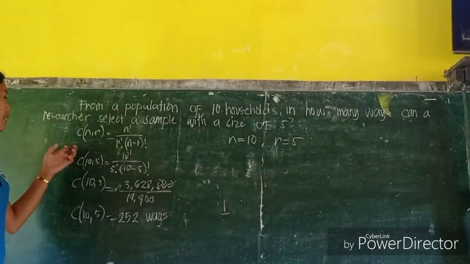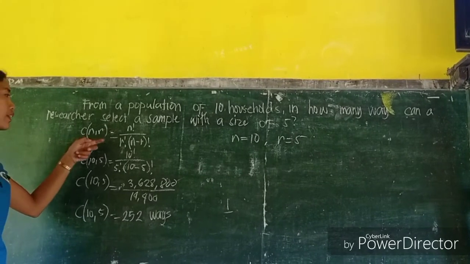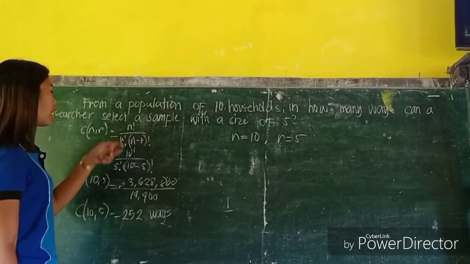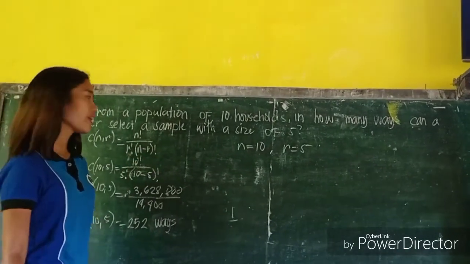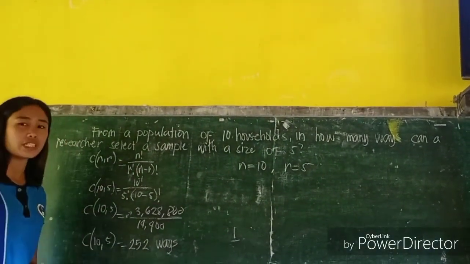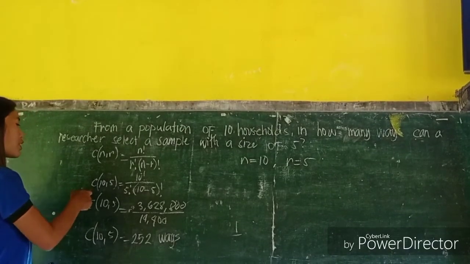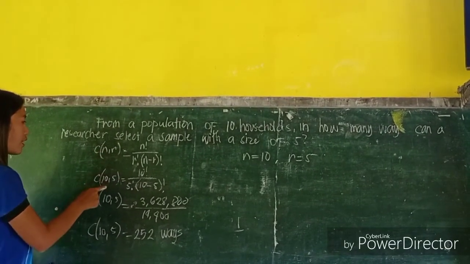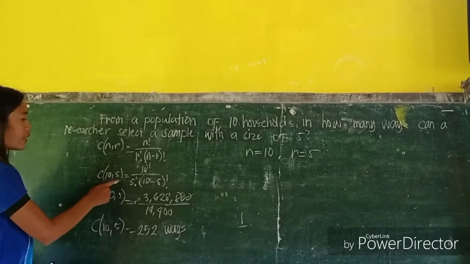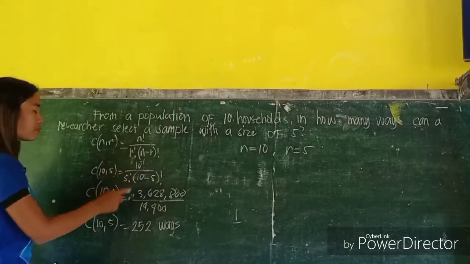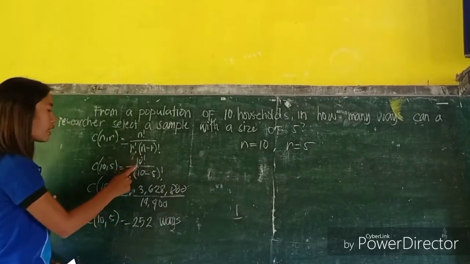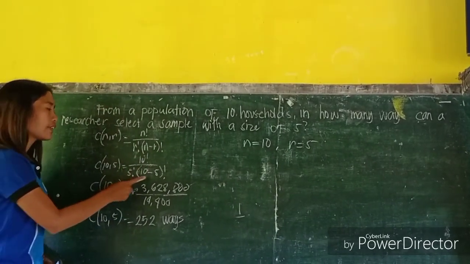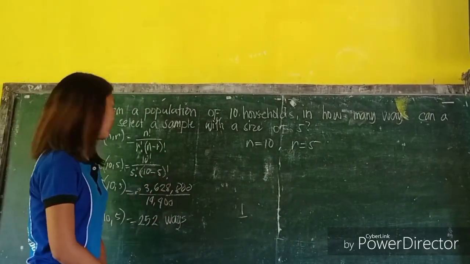Our formula is combination of n, r is equal to n factorial over r factorial times n minus r factorial. So, by substituting, combination of 10, 5 is equal to 10 factorial over 5 factorial times 10 minus 5 factorial.